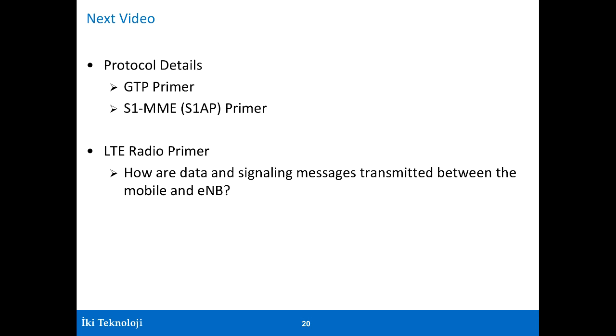And then we also have an S1-MME and X2 primer that goes into why SCTP is used and how the S1AP application protocol works. And then the next main video will be about the radio primer, and that's the one where we talk about how data and signaling messages are exchanged between a mobile and a base station, from a system level perspective rather than the gory physical details.